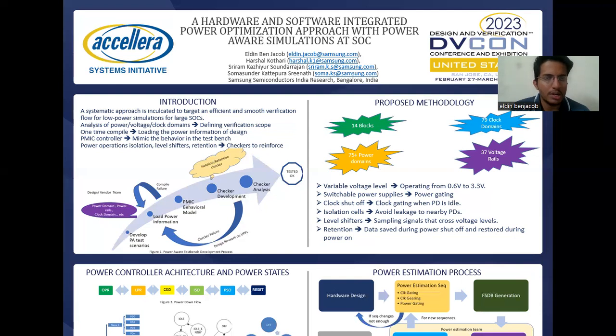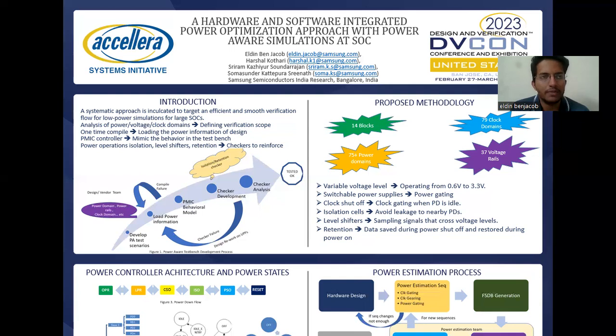So such a simulation is possible only in power aware simulations. Here we'll be discussing the power aware test bench development. First, as in every other test bench development, there will be the power aware test scenario development.